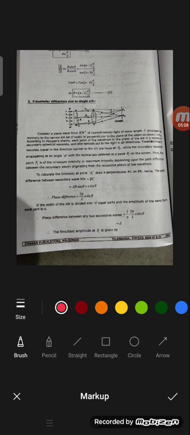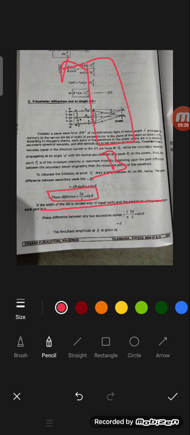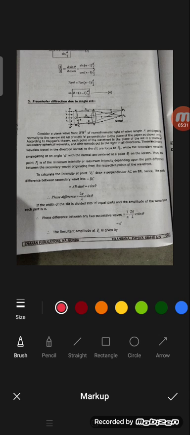The phase difference between two wavelets is 2 pi by lambda into e sin theta. Now the width of the slit AB is divided into n equal parts. Then the phase difference changes.